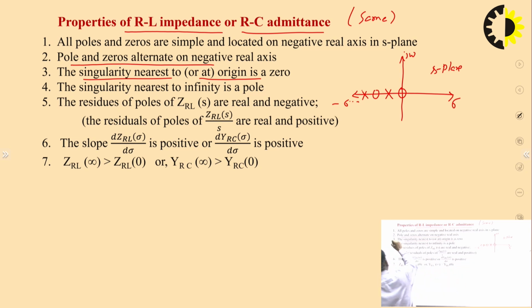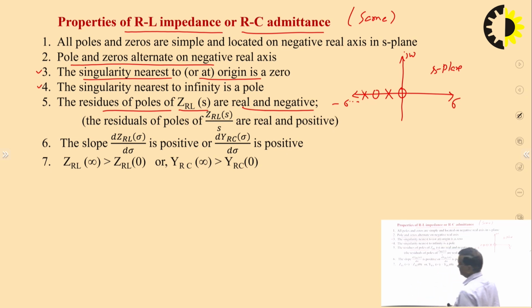So, third and fourth points clear. Now, the fifth is residues of poles of ZRL are real and negative. So, if you carry out the partial fraction expansion and you find the poles residues, that is the constants K1, K2, K3, they must be real and negative.